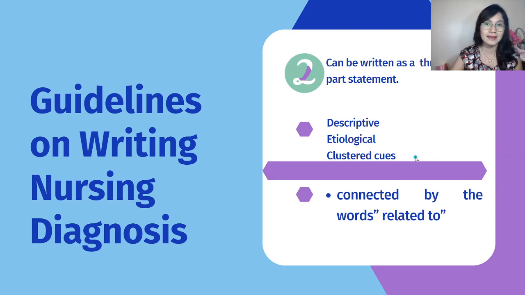An example would be anxiety related to hypertension hospitalization as evidenced by restlessness. The descriptive and etiological parts of nursing diagnosis statements are connected with the words related to in order to indicate the relationship between the health concern of the client and the contributing factor or factors about the health condition.